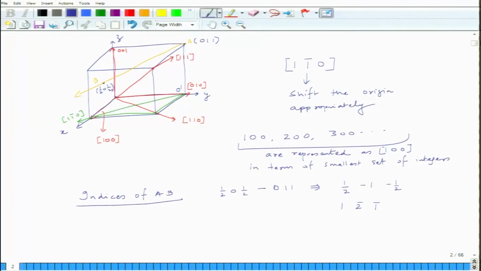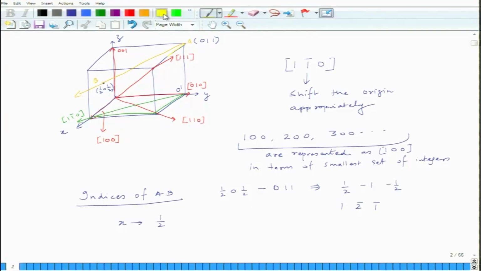Another way to determine it is you just move along the x, y directions. If I take half of x in negative x direction and positive x direction, I have moved x intercept as half.